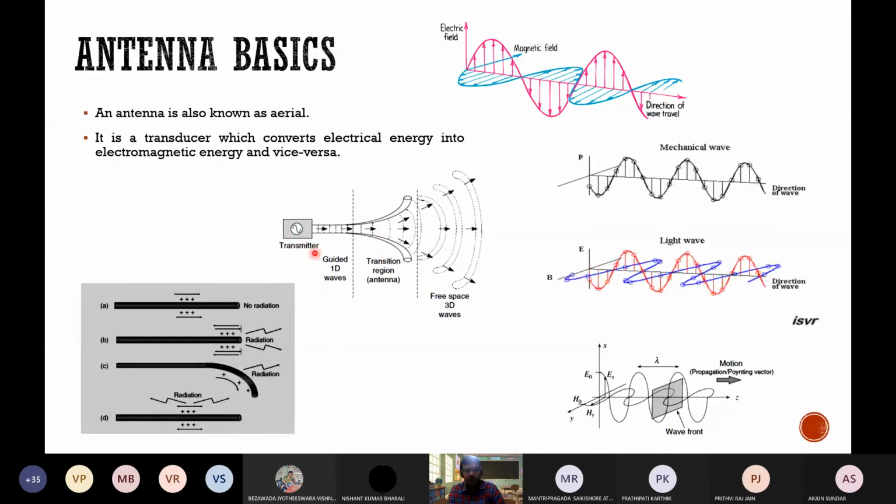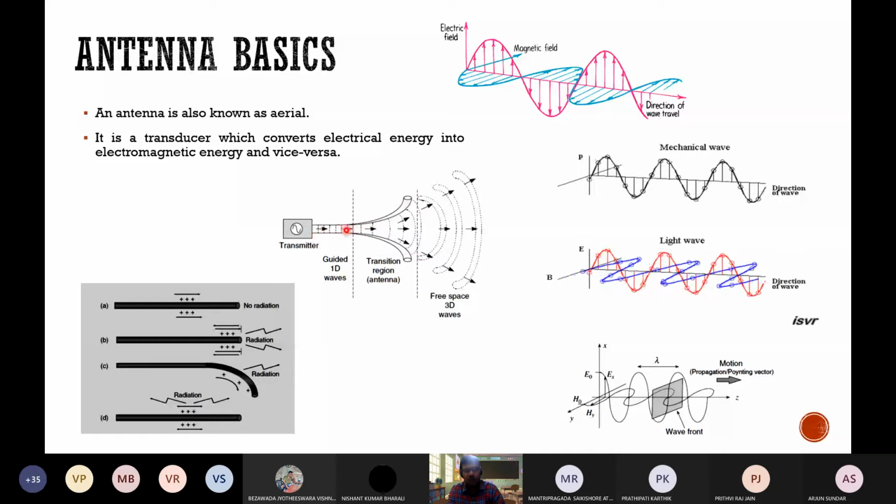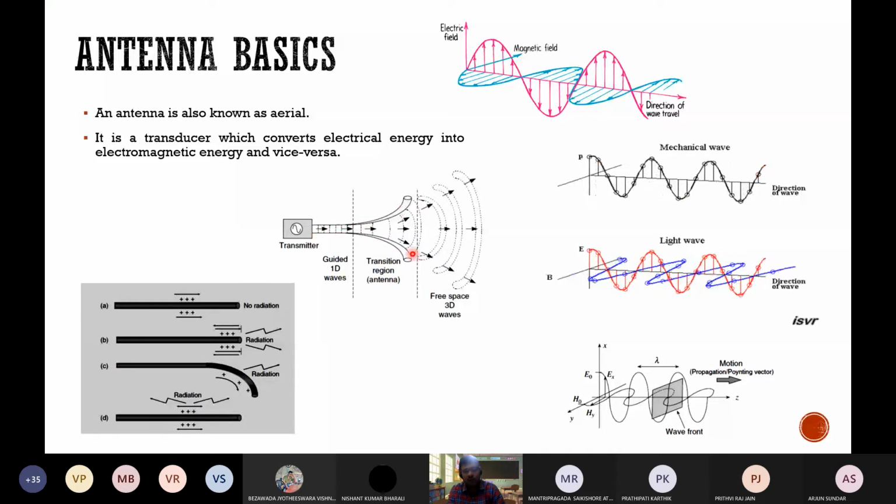One more option is to flare the structure like this, to create a gradual transition from the guided medium to the unguided medium. Even if you create it like this, you can reach that acceleration effect, and then it will be radiated.